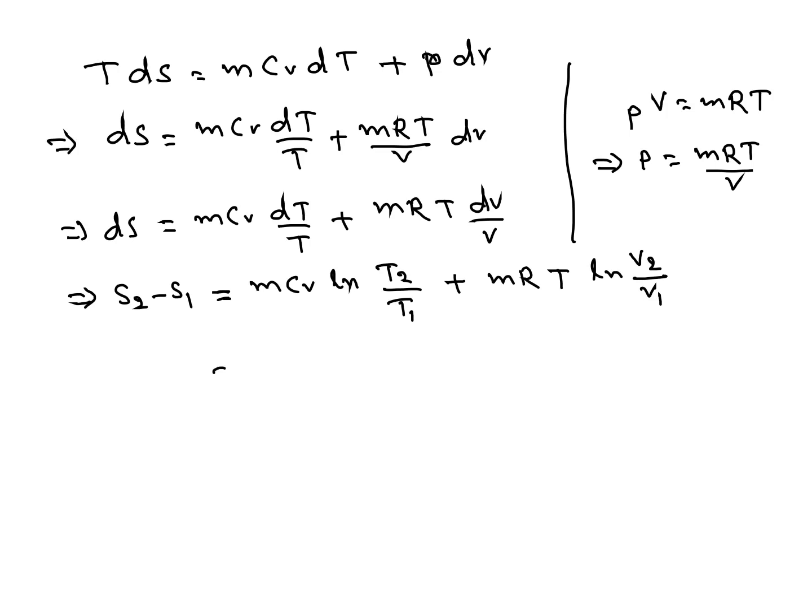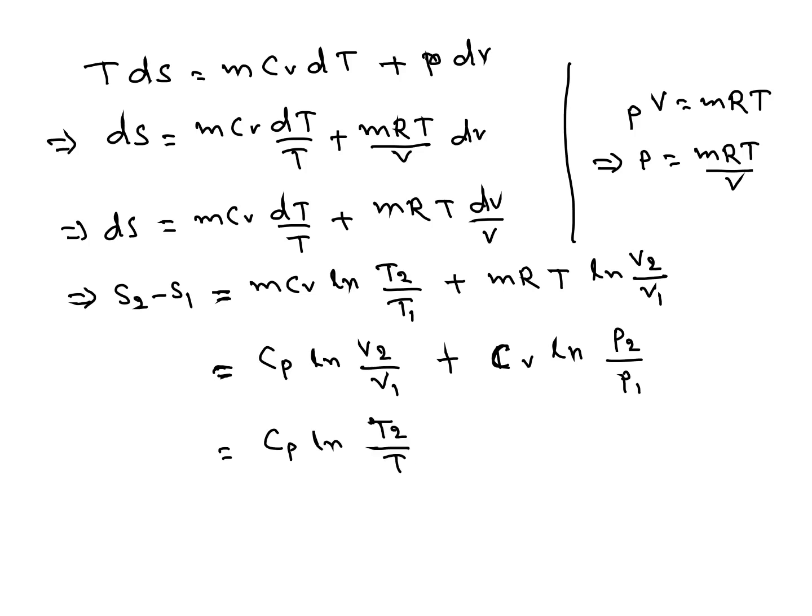This one we can also derive in other forms. This is not required here, but other examinations like ISRO also ask it, so all three relations you should know. For unit mass: Cv ln T2 by T1 plus R ln V2 by V1; Cv ln P2 by P1 plus Cp ln V2 by V1; and Cp ln T2 by T1 minus R ln P2 by P1.